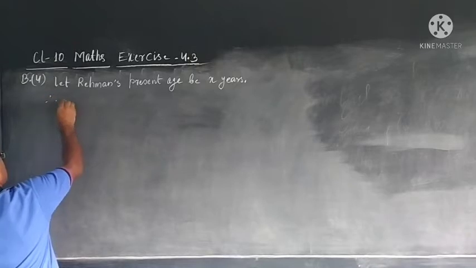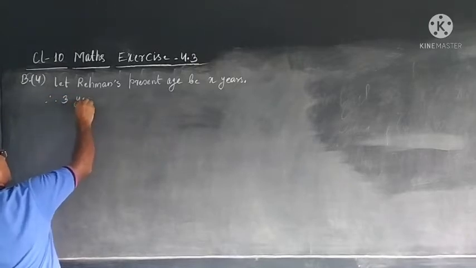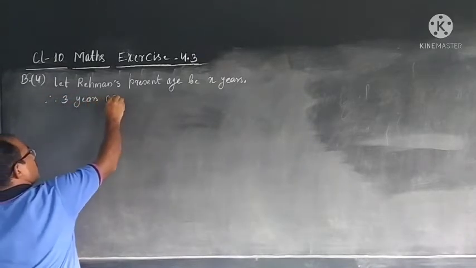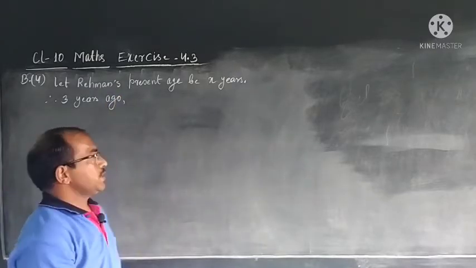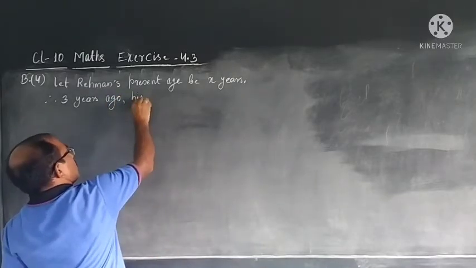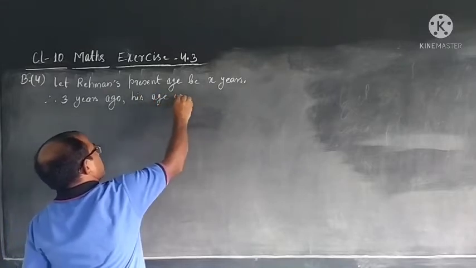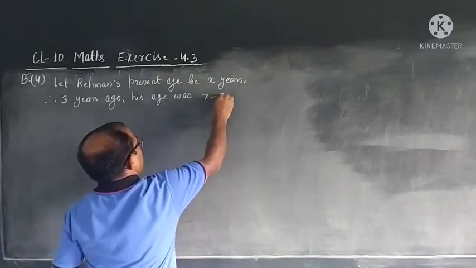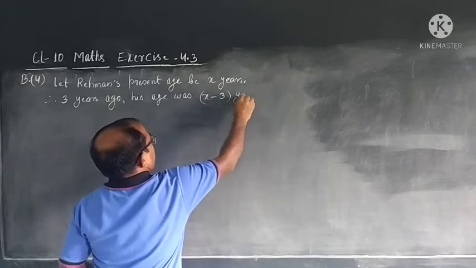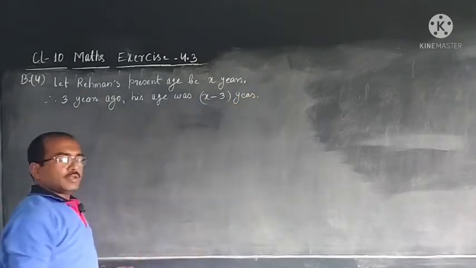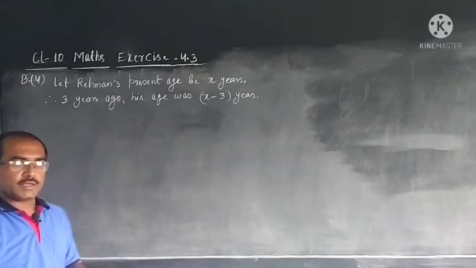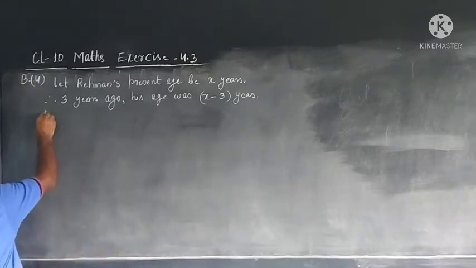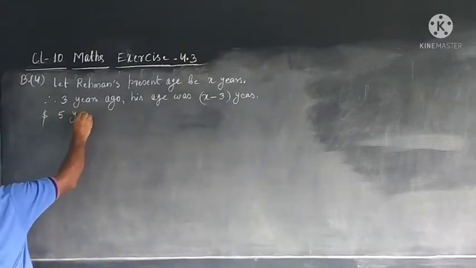Therefore, 3 years ago his age was surely 3 years less, and another one is 5 years from now, 5 years later.